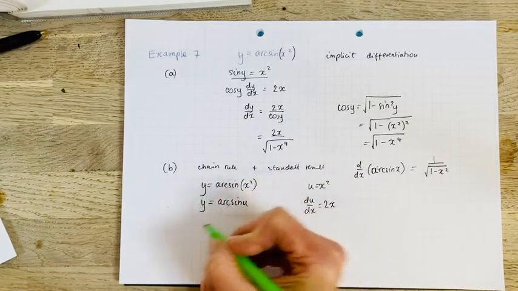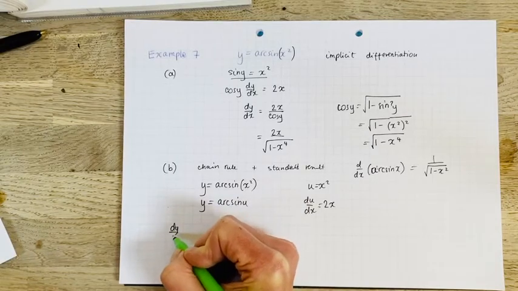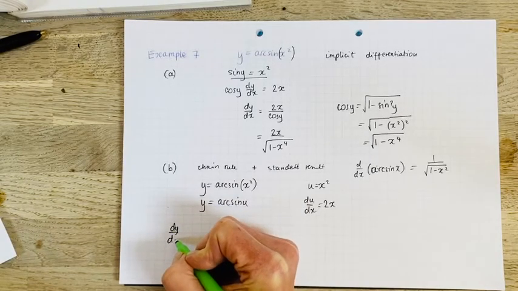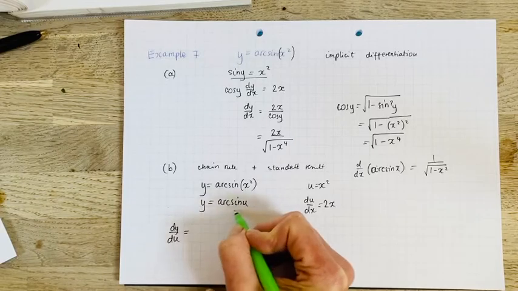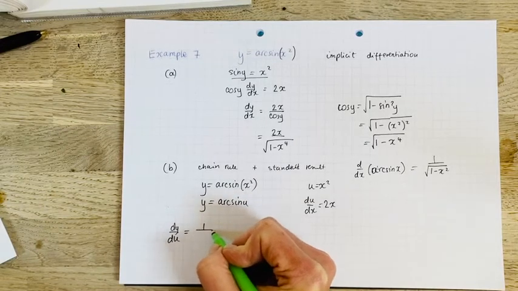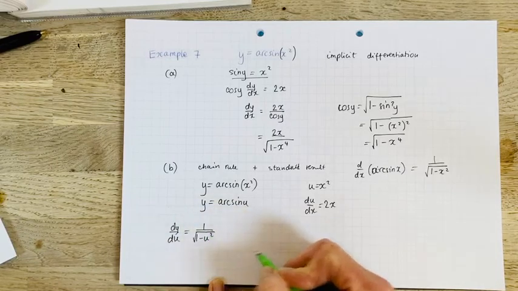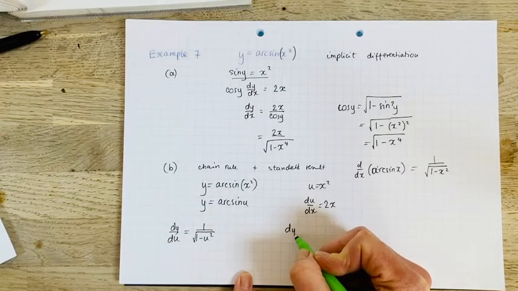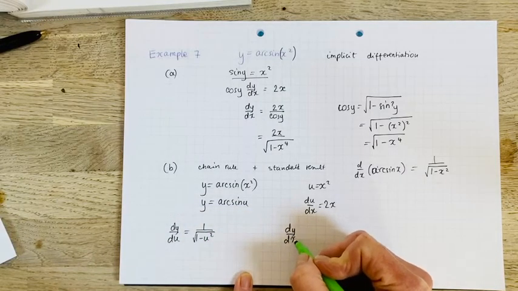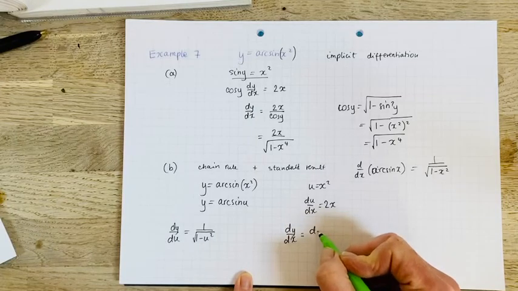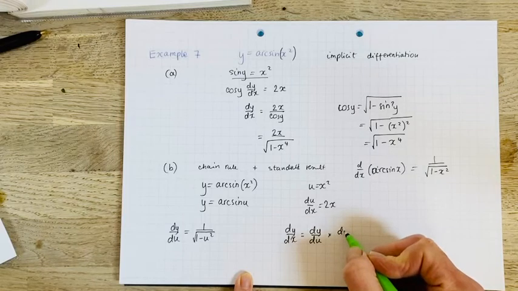So we're going to find dy/dx. Let's actually find dy/du first. The derivative of arcsine u is 1 over the square root of 1 minus u squared. And now the chain rule states that dy/dx can be obtained by multiplying dy/du by du/dx.